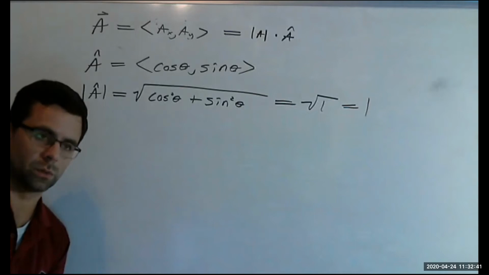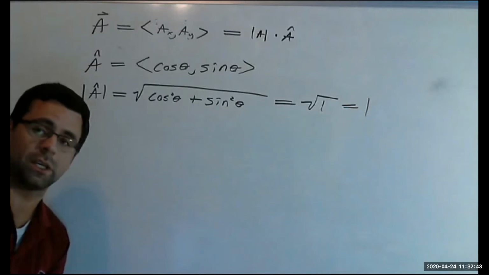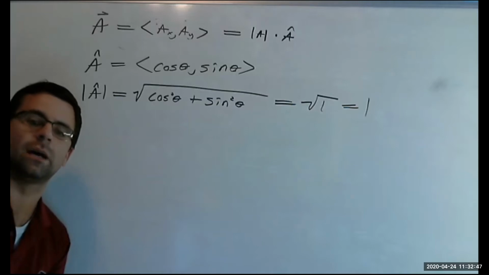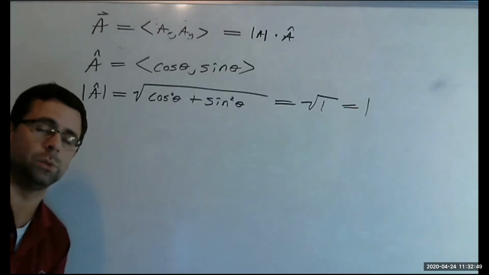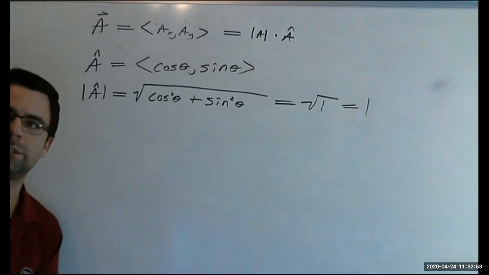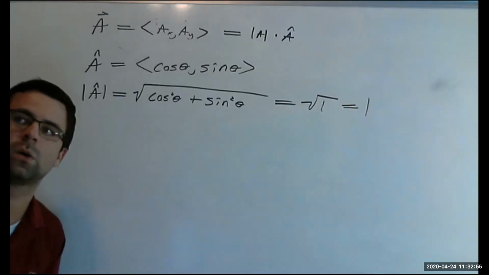I'm sure you all will do a review once you get to calculus, but that's the next step, is multiplying two vectors together. We won't get into that because that's probably a whole day on itself.